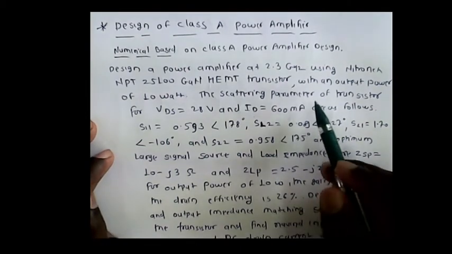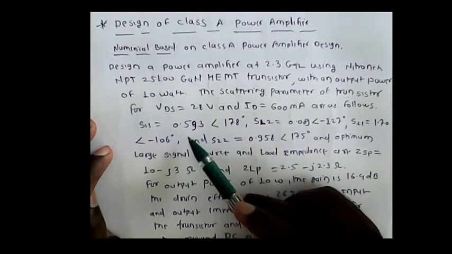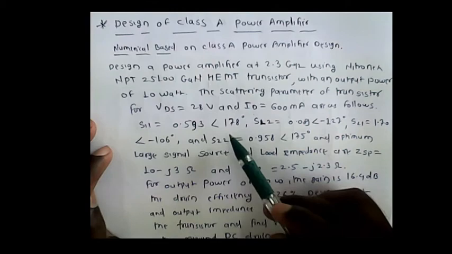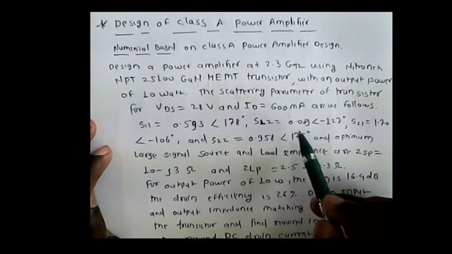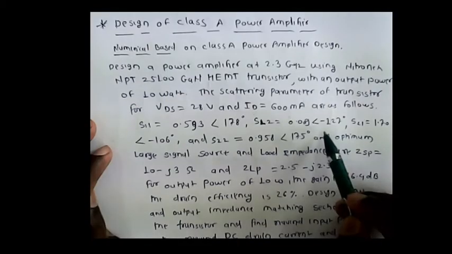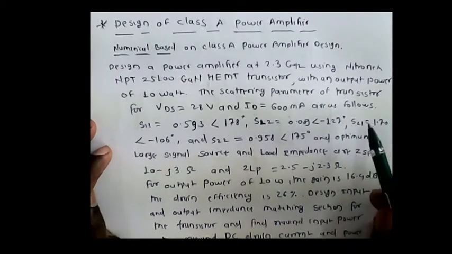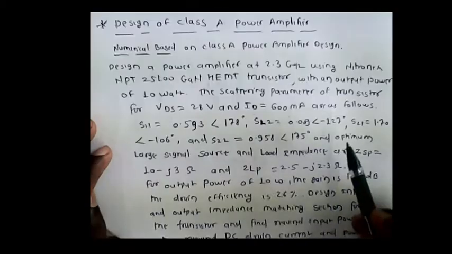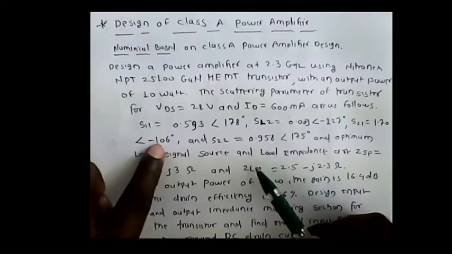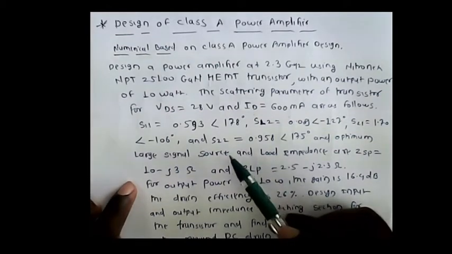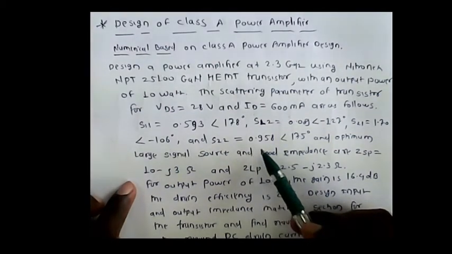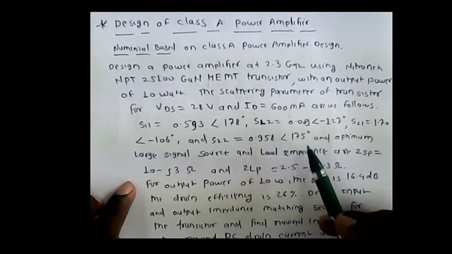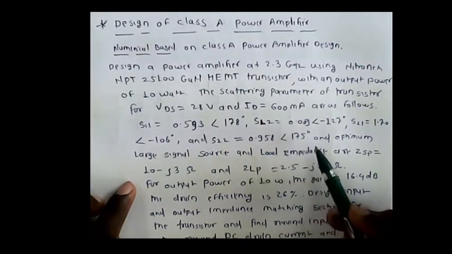S11 is 0.593 at angle 170 degree, S12 is 0.009 at angle minus 126 degree, S21 has magnitude 1.70 at angle minus 106, and S22 has magnitude 0.958 at angle 175 degree.